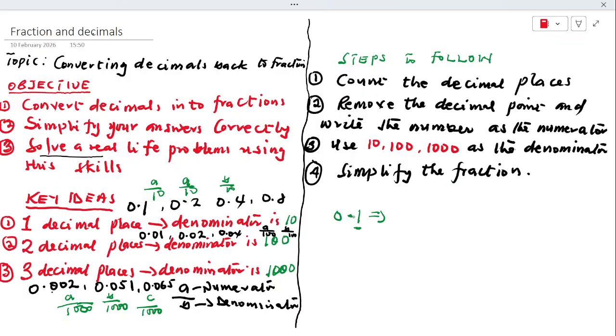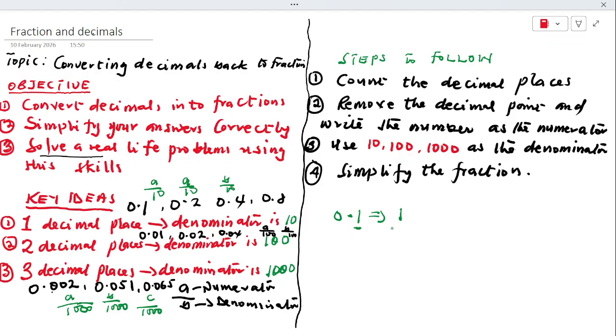When you take off this decimal point, it's an assumption, okay? It doesn't mean that you are taking it away forever. You are doing it for the purpose of the steps. So if you take off the decimal point, we have 1. And you write the number as a numerator.